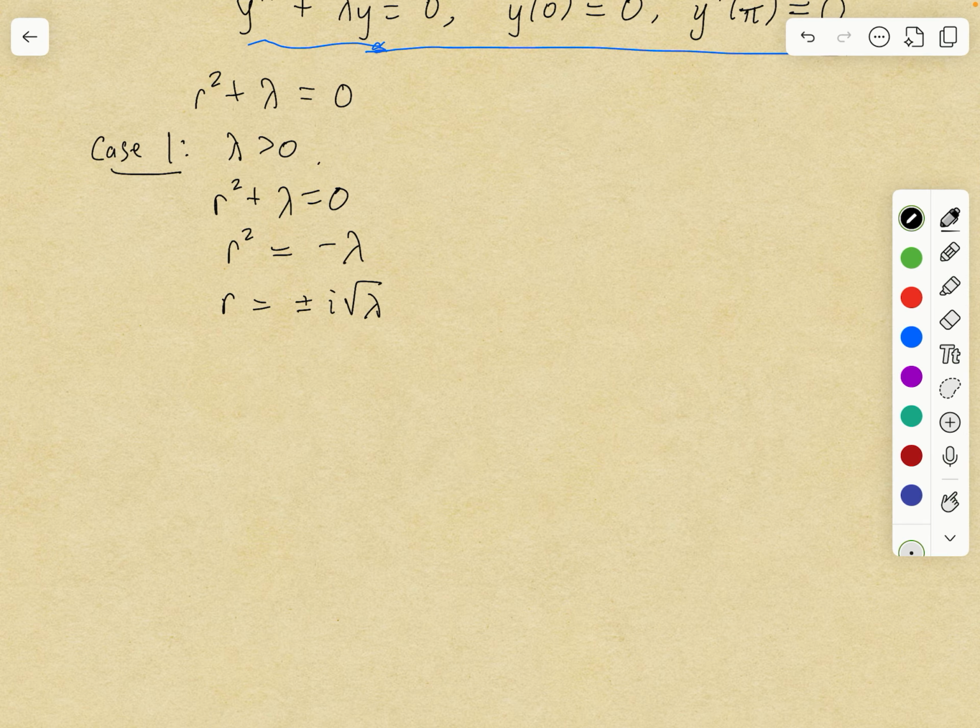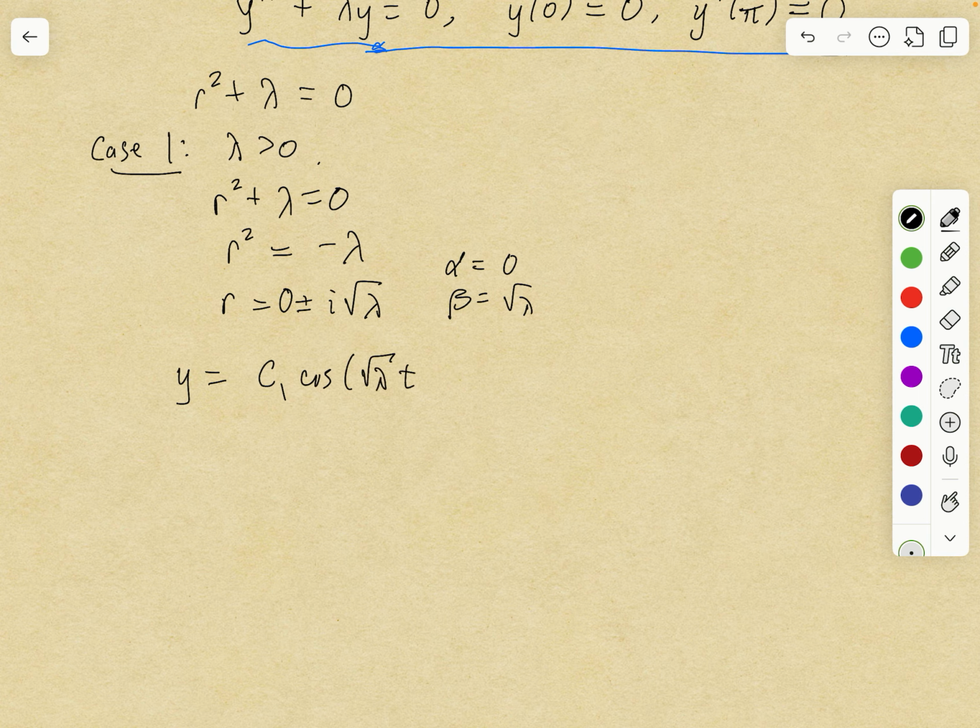So the general solution is going to be y equals c1... You have 0 plus or minus i root lambda. If you write this root as alpha plus or minus i beta, then alpha equals 0 and beta equals the square root of lambda. So e to the alpha t is just 1, and you get c1 cosine of the square root of lambda times t.